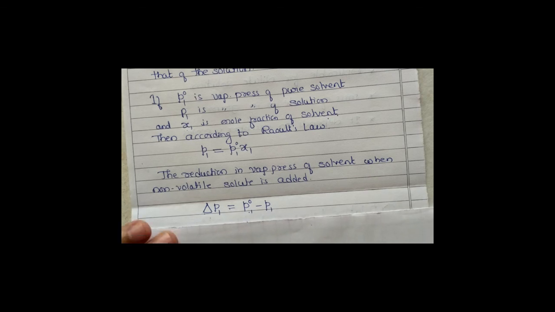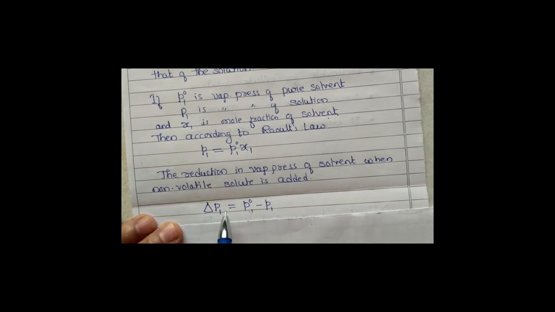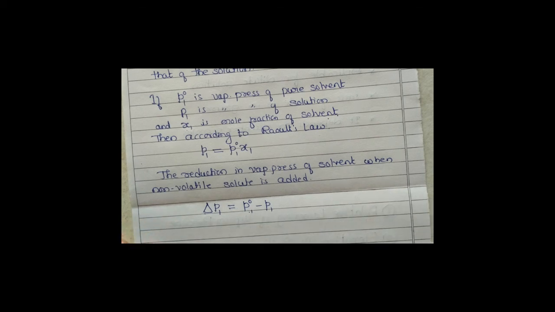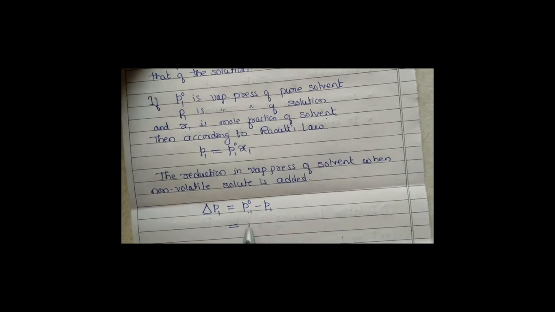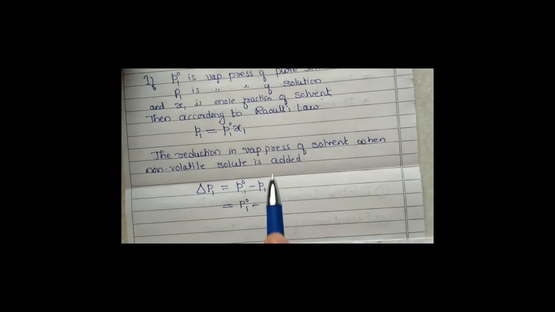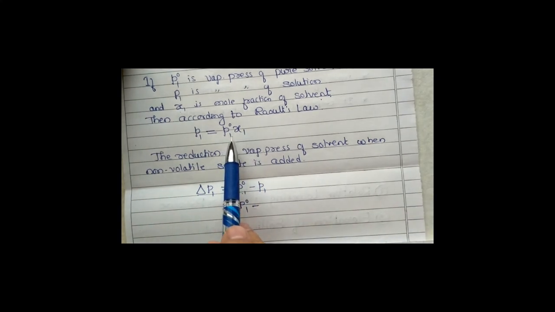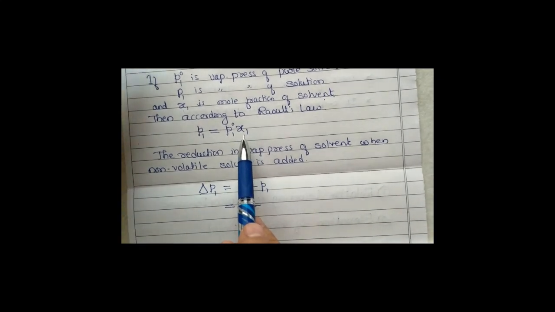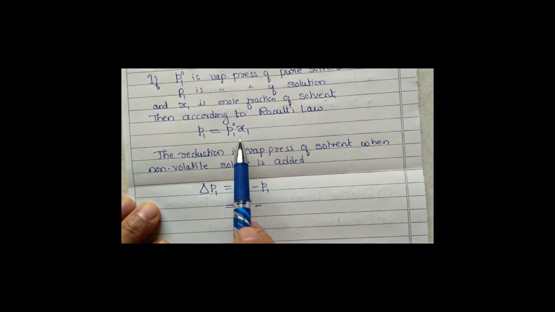This is the lowering of vapor pressure. Now this equals P01 minus P1, and from Raoult's law P1 equal to P01 x1, so that is nothing but P01 x1.